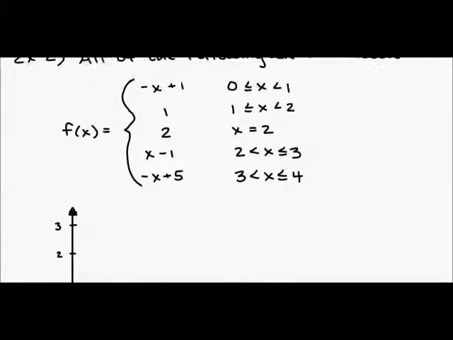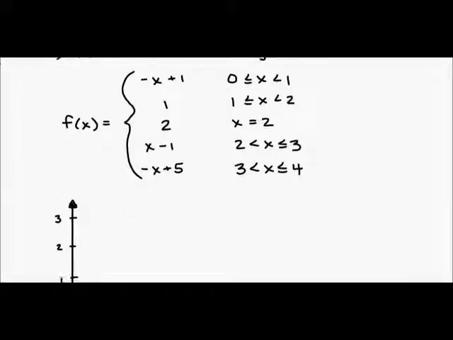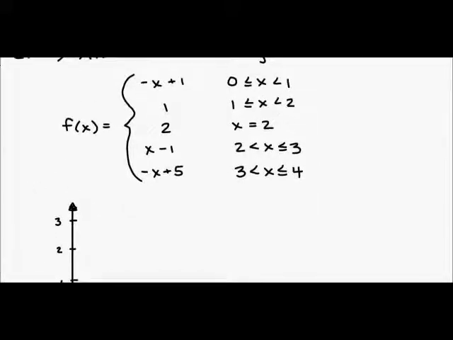So coming down here, our first statement says f of x equals negative x plus 1 for values between 0 and 1. So that means that at 0, we're going to have negative 0 plus 1, which is 1.